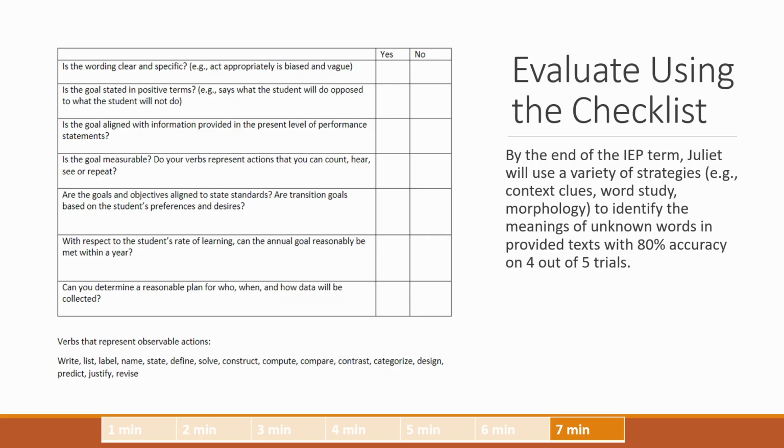So the way that the goal is written, if we evaluate it using the checklist, it should be possible for every member of the IEP team to read the goal and walk away with the same interpretation of how they're going to know whether that child is performing a skill or demonstrating functional performance to the degree specified, so that everybody could have consensus on whether the level of attainment is met.